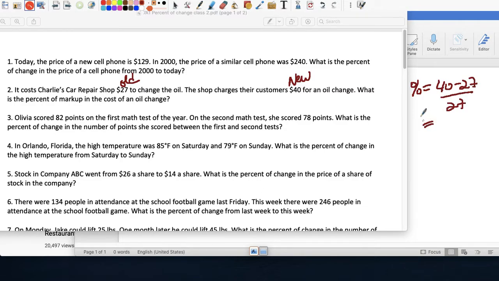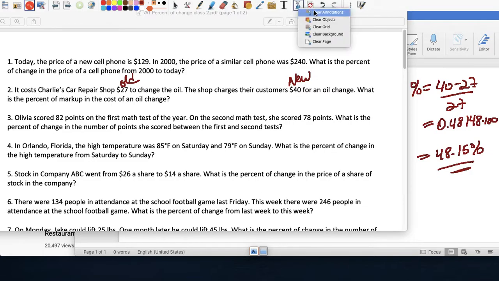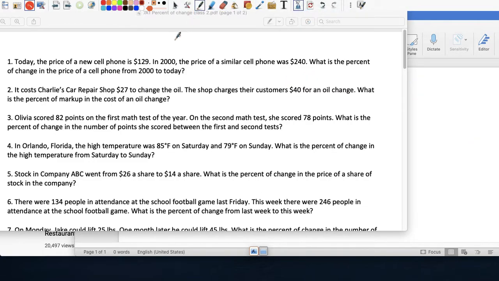So this one is an increase. 40 minus 27 divided by 27. So we have an increase of 0.4815, and we can change that, right? We can multiply that by 100, and we get 48.15%. So there's a 48.15% increase in the price for the service of changing the oil.